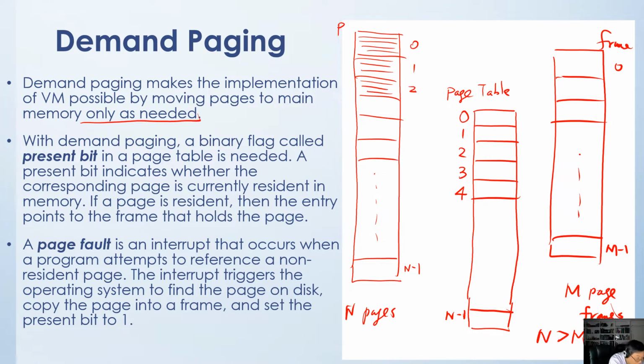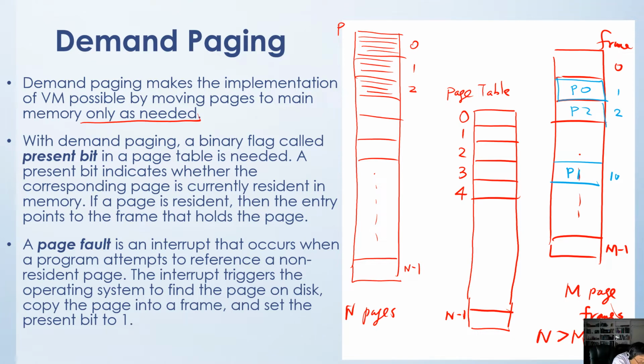Let's say page 0 is loaded into frame number 1, page 1 is loaded into frame number 10, and page 2 is loaded into frame number 2.